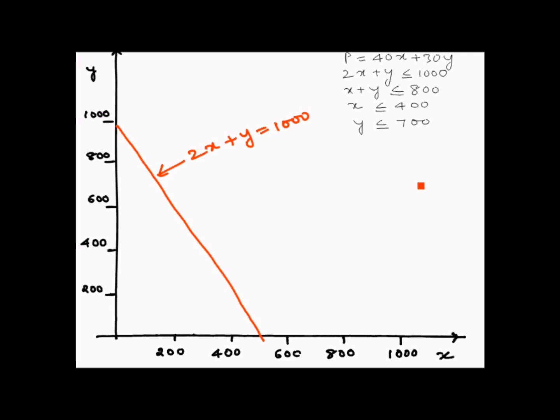Next, let's plot the line x plus y is equal to 800. This line intersects both the x and y axis at 800. So let us plot this line. This line represents x plus y is equal to 800.